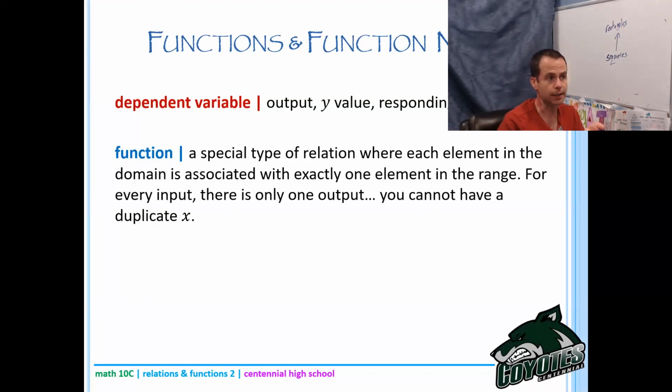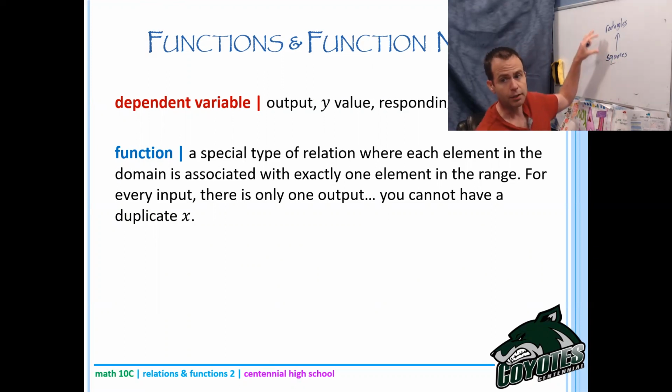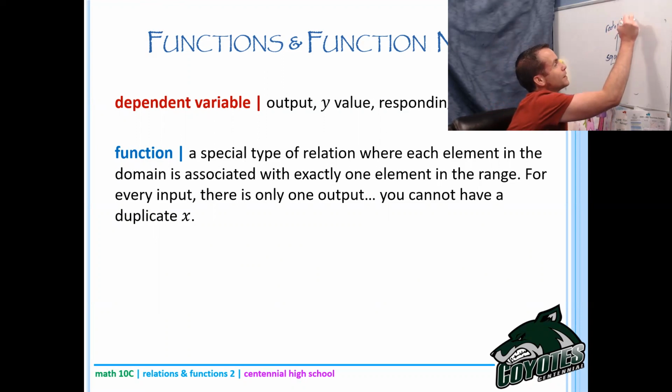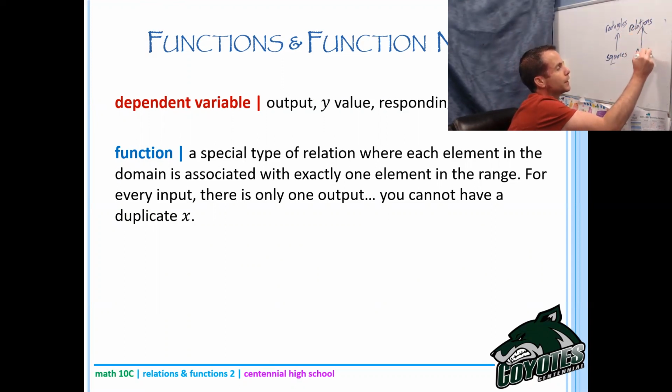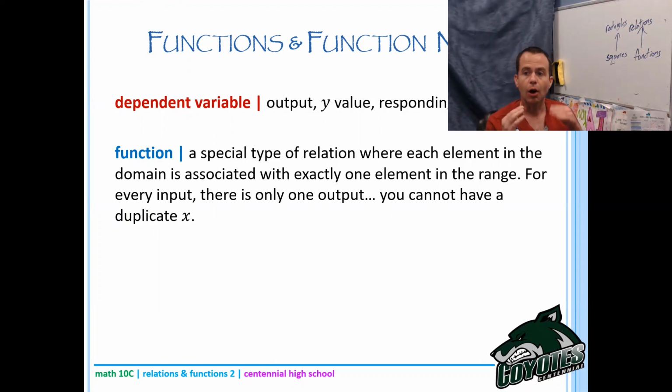The definition of a rectangle is opposite sides are equal and parallel, and all angles are 90 degrees. A square fits that, okay? But a square is a special type of rectangle. So all squares are rectangles, but not all rectangles are squares. In the same way, we have this overarching body called relations. And then we have a special category here called functions. All functions are still relations, but not all relations are functions, okay?